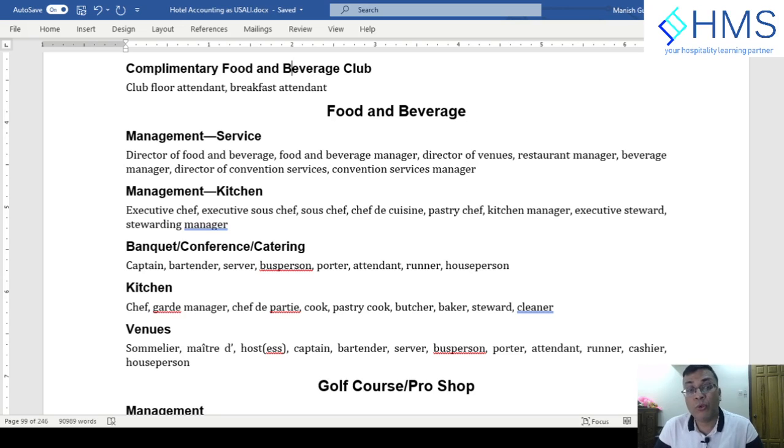Similarly, those who are involved directly in cooking would go into the non-management kitchen, which is chef de partie, grade manager or cook, pastry cook, butcher, baker, steward, or the cleaner, or sometimes you may call them commis 1, commis 2, commis 3, kitchen helper, whatever name you are calling them, but the main task for them is to cook.